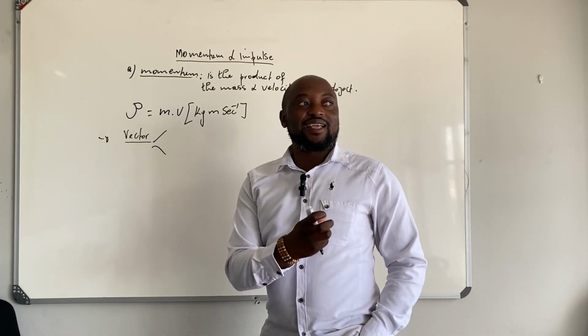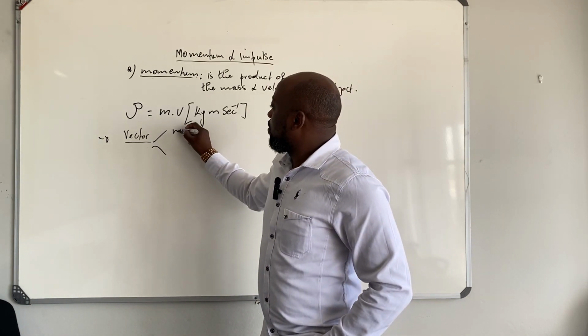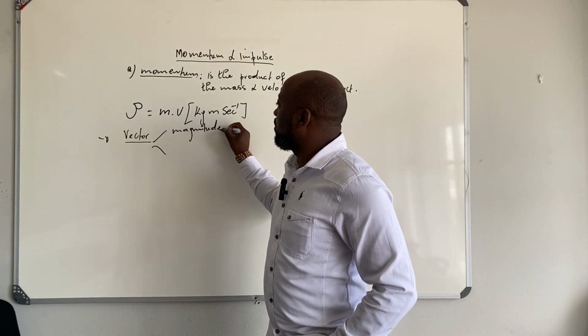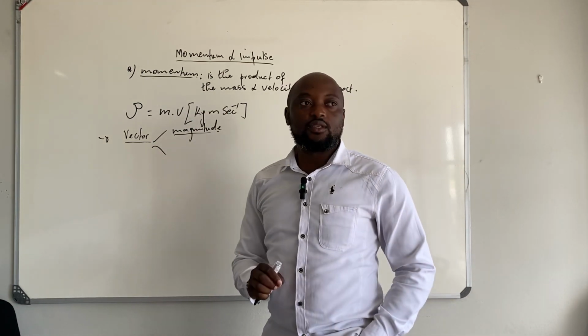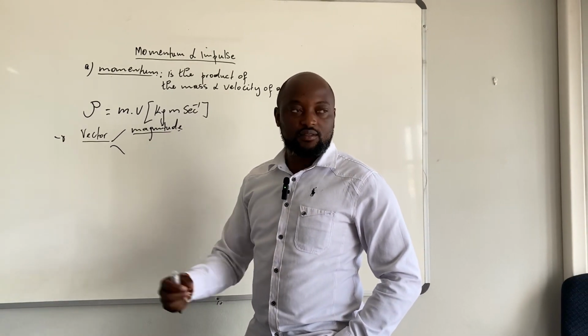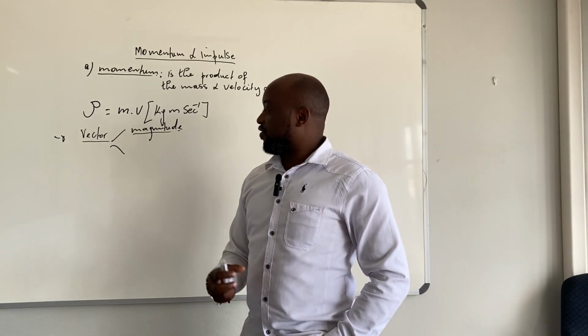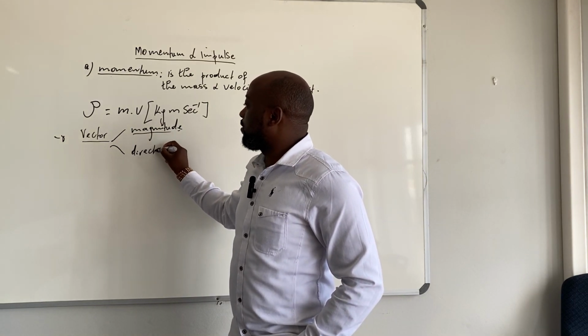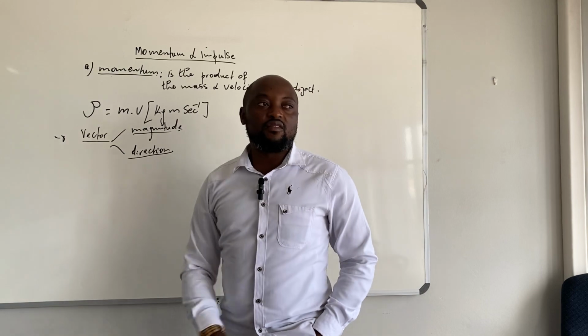A type of size. Magnitude is the size, which in this case we can attribute to the mass, the weight of that object. Direction: which way is it going to be moving?